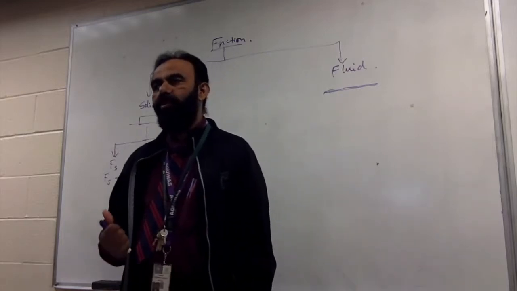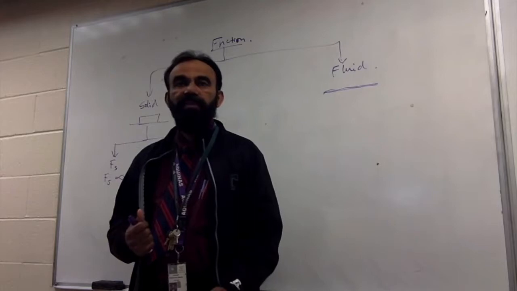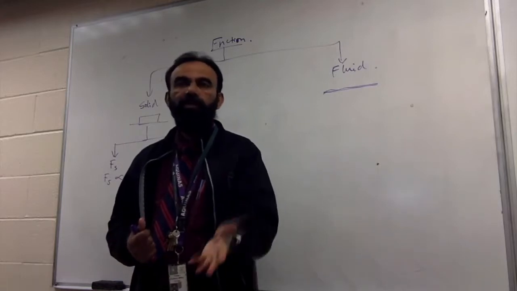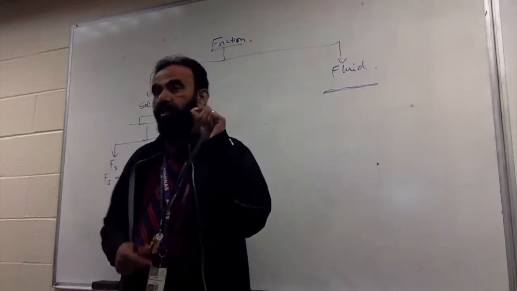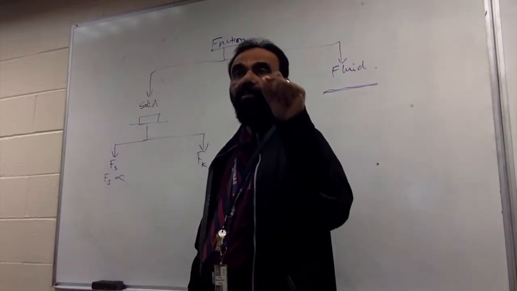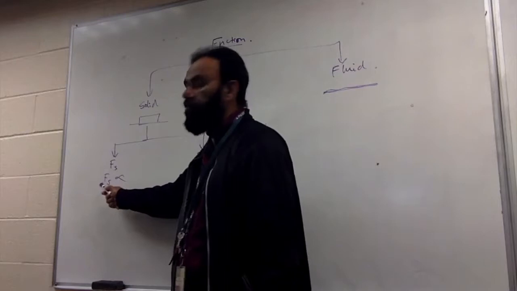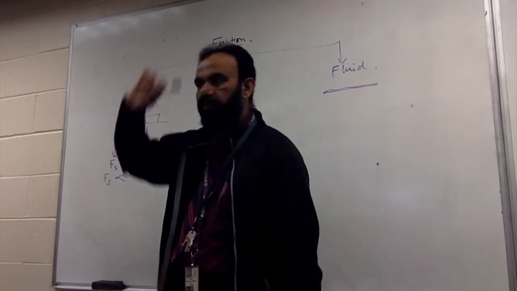But we are trying to find out what static friction is dependent on. If you don't apply a force, there's no static friction. That's true. But then we are talking not about any other static friction. We are talking about the maximum, the peak.